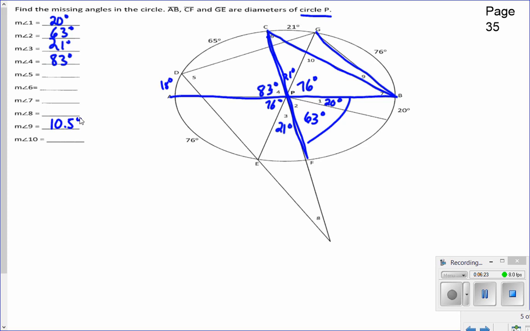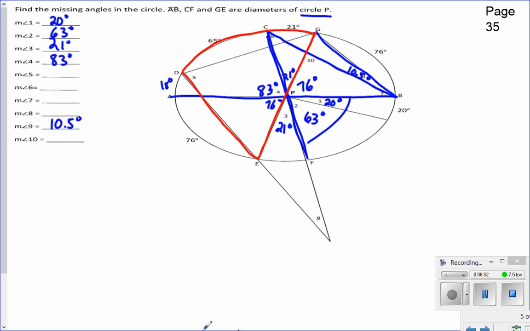So I'll fill that in here and also there. Okay, let's see if we can find any other inscribed angles. Yes, I see. Let me try and highlight this with a different color. I see an inscribed angle right there, which intercepts that arc DG.